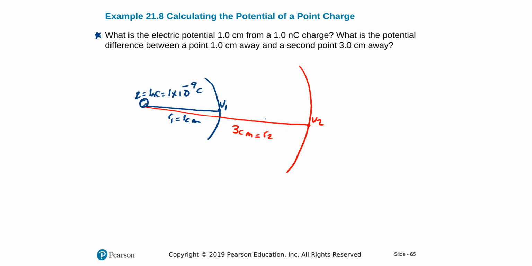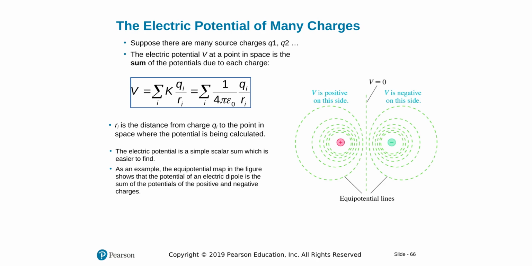First, what is this potential? And the second question asks, what is the potential difference in between, which will be V2 minus V1. And our equation is V equals K Q over R. Simple as that. We'll solve this problem in another video, but have a look at it. It should be solvable easily.